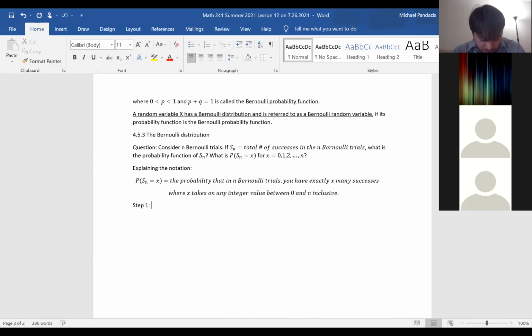So let's do this in steps. Step 1 is, what is the probability of success in the first X trials, and then failure in the remaining n minus x?